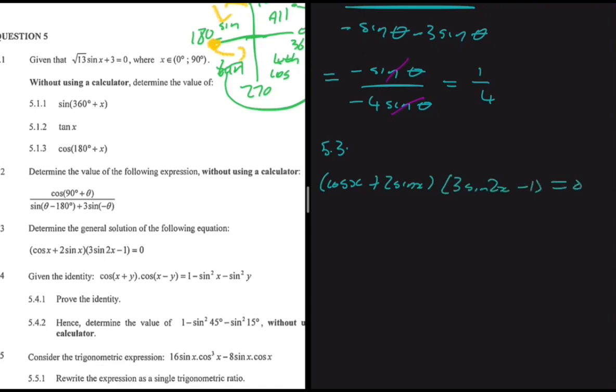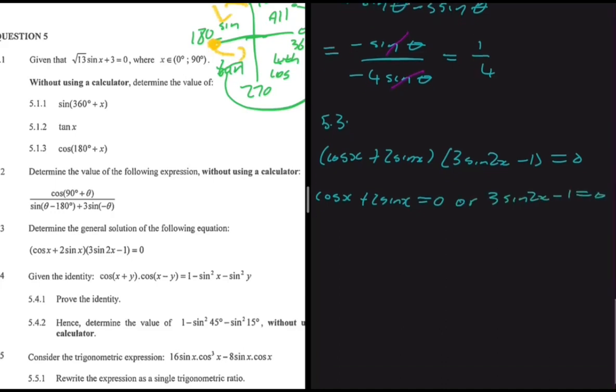If you multiply two numbers and you get 0, then one of the two numbers must be 0, like it's given. So now we can say that cos x plus 2 sine of x should at least be equal to 0. If it's not, then 3 sine of 2x minus 1 should be equal to 0. One must be equal to 0.